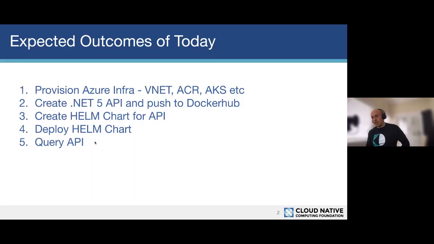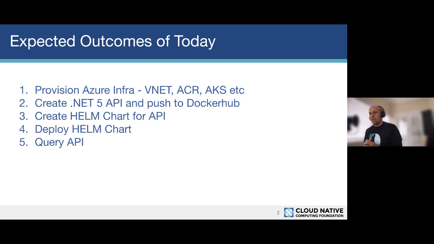So yeah, expected outcomes for today. We will provision all the Azure infrastructure that we need with Terraform. So we'll just have a basic setup where we'll have a virtual network, subnets. I decided not to use ACR today, but we can. We'll have AKS and Azure Active Directory as well.